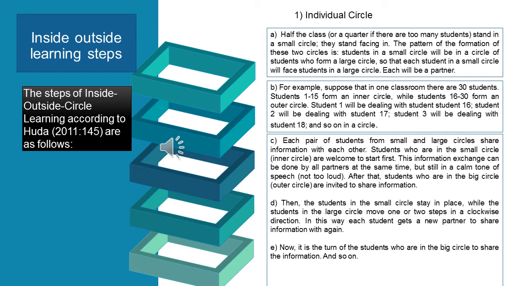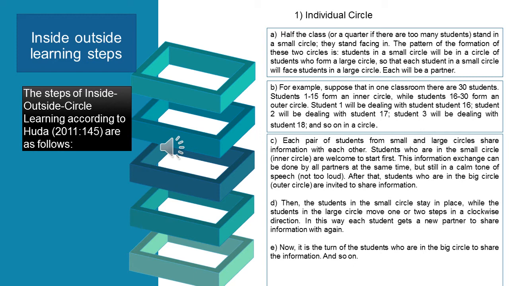The partners are formed by these two circles: each student in a small circle will face a student in the large circle, so that each will be a partner.